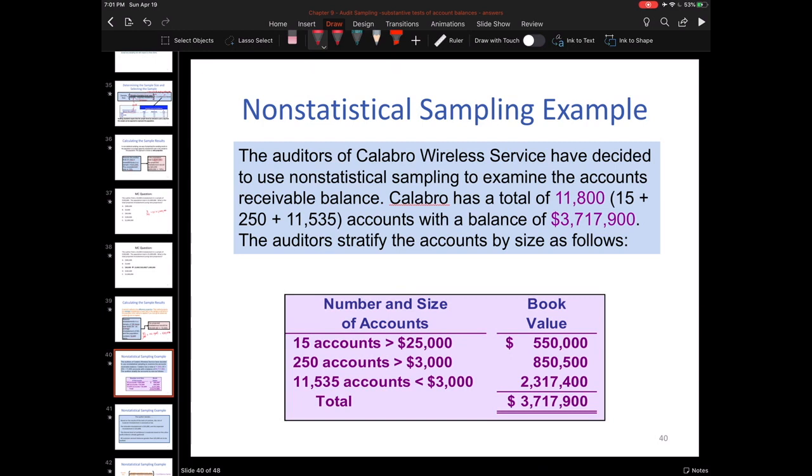They have a total of 11,800 accounts, a balance of about 3.7 million, and they've stratified their accounts by size. So they have 15 accounts greater than 25K, 250 greater than 3K, and then everything else is under 3K. Here's the book value of those respective accounts.